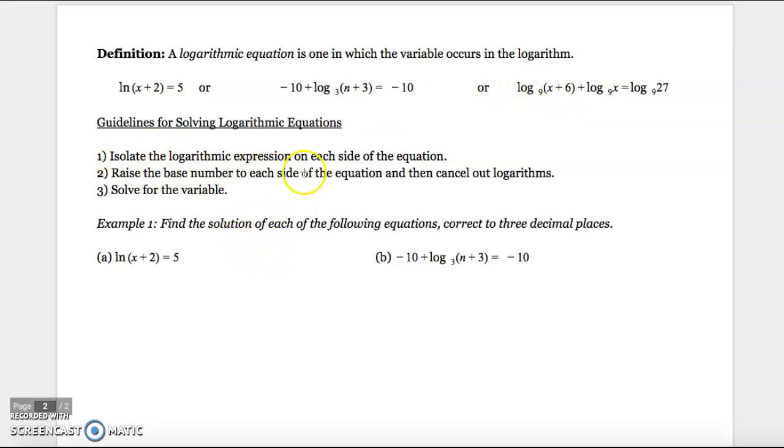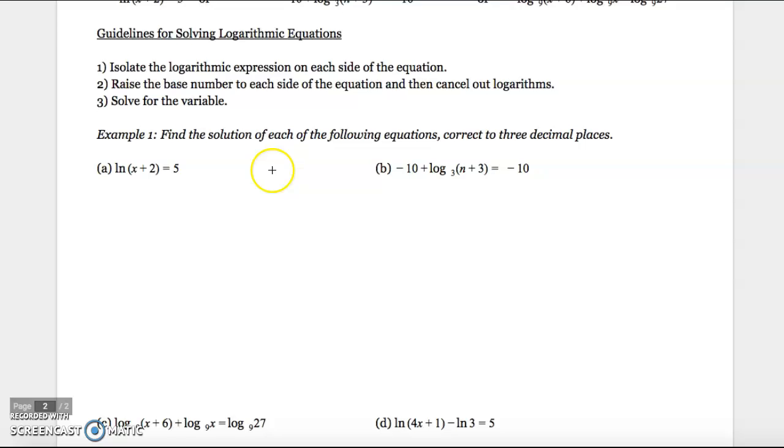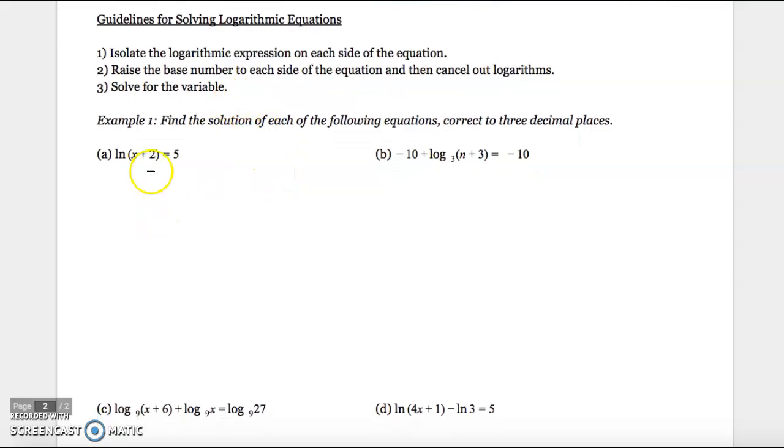Once you have isolated the logarithm, you raise the base number to each side of the equation and then cancel out your logarithms. I'll show you what this means. And then you solve for your variables. In natural log of x plus 2 equals 5, the first thing I check is, is my logarithmic expression isolated on each side of the equation?